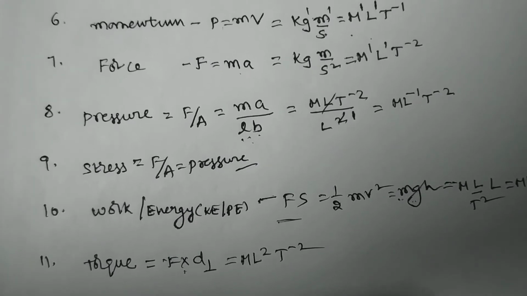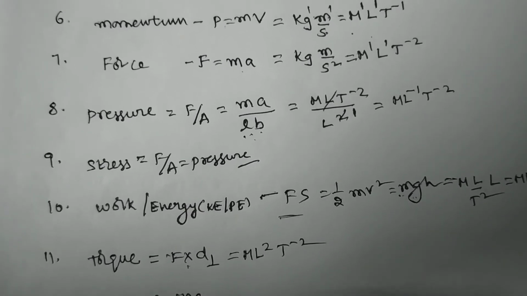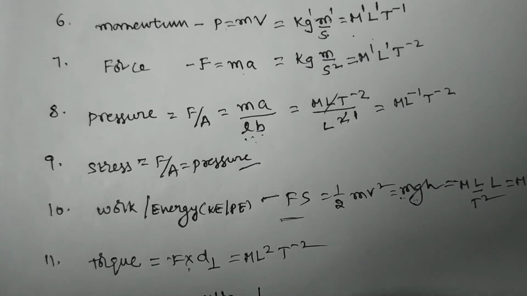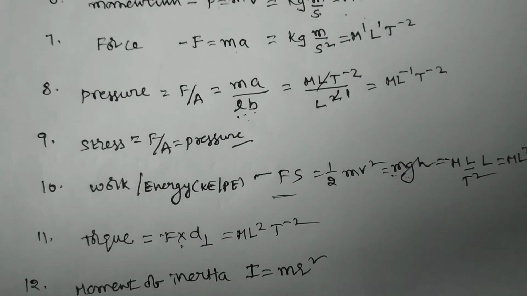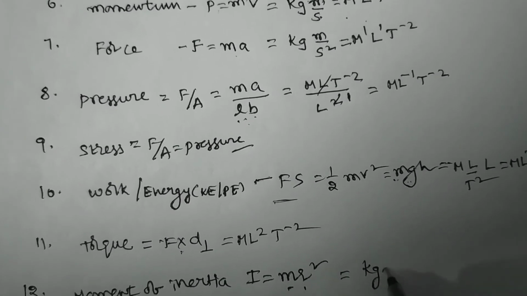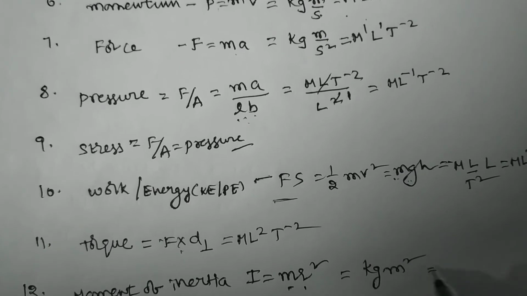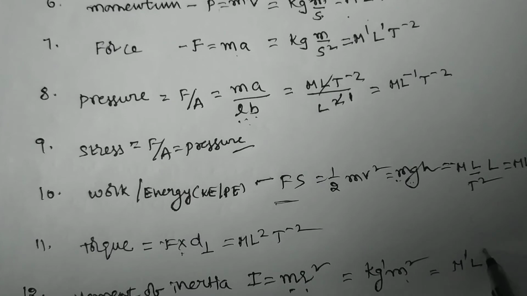Next, moment of inertia. Moment of inertia is represented as I equal to m r square. I is nothing but kg meter square. So M power 1, L power 2.